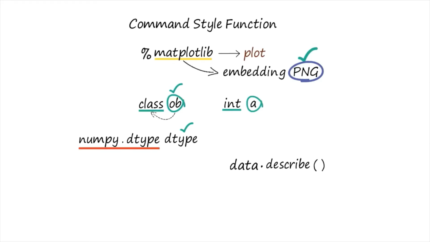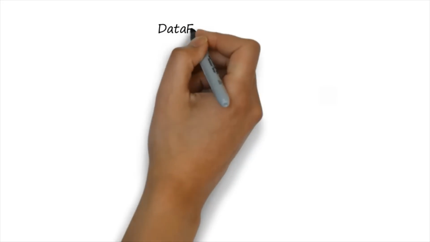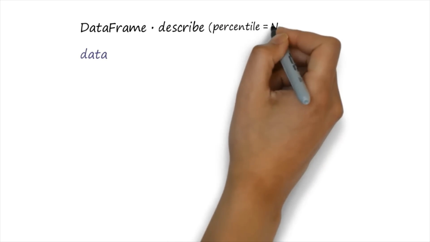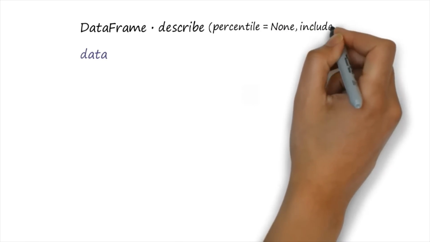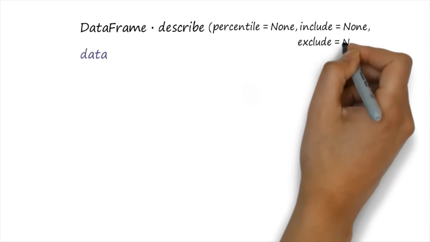So now we have to understand this describe function in more detail. The actual syntax of the describe function looks like this: data frame, in our case data, dot describe, and then as arguments you will find three: percentiles equal to None, include equal to None, and exclude equal to None.